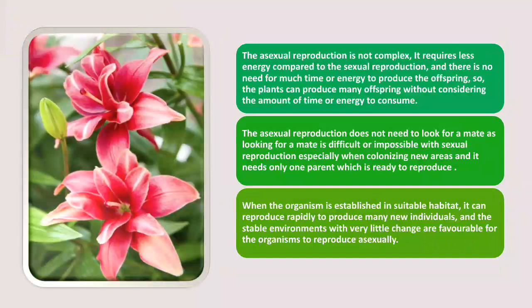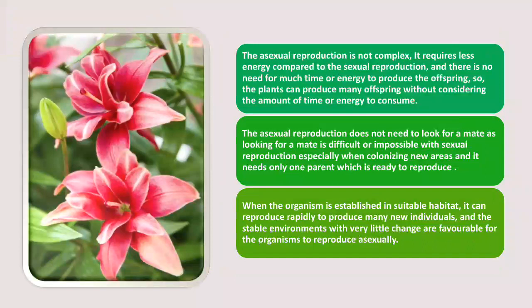Asexual reproduction does not need to look for a mate, as looking for a mate is difficult or impossible with sexual reproduction, especially when colonizing new areas. It needs only one parent which is ready to reproduce.